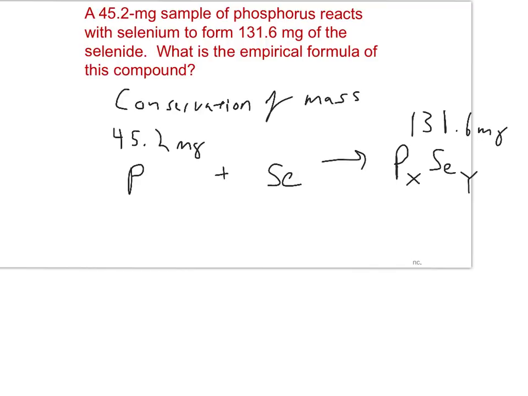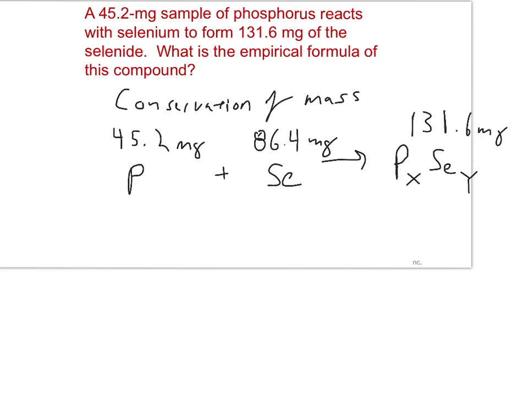So if the conservation of mass is true, and it is, the sum of the masses on this side must equal the sum of the masses on this side. So we can figure out what the mass of the selenium is. If I put those numbers in, the mass of the selenium on the reactant side is 86.4 milligrams. So now we have masses that we can work with.